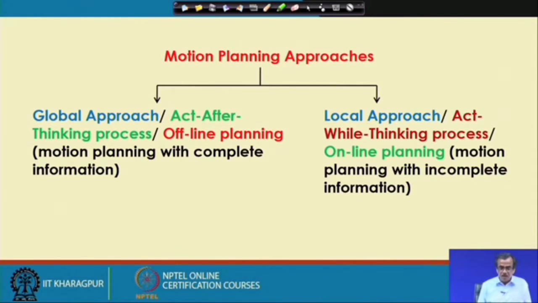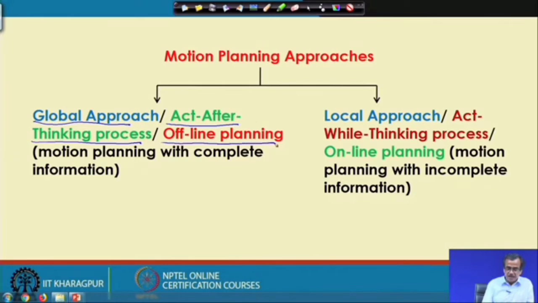Now, here the motion planning approaches, if you see, are broadly classified into two subgroups. One is actually called the global approach, which is also known as the act-after-thinking process, or offline planning.